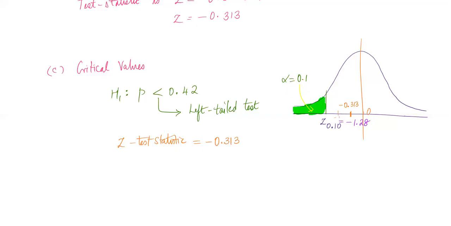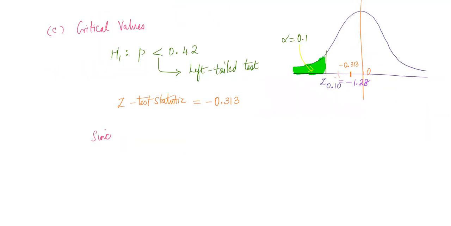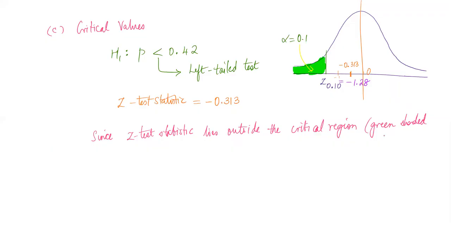So then I'll come back and say, since the z test statistic lies outside the critical region, that's the green shaded region, because it's not in the rejection region, we will not reject it.